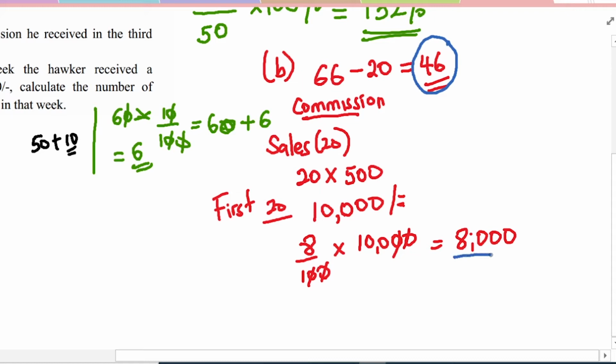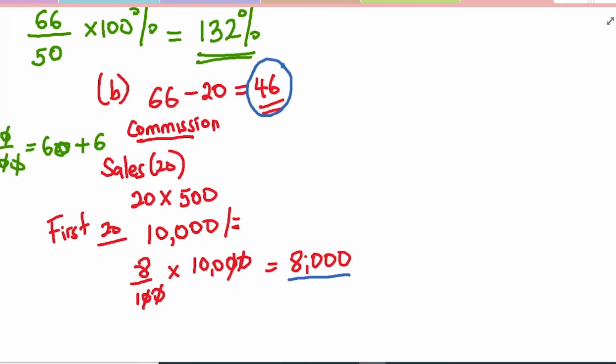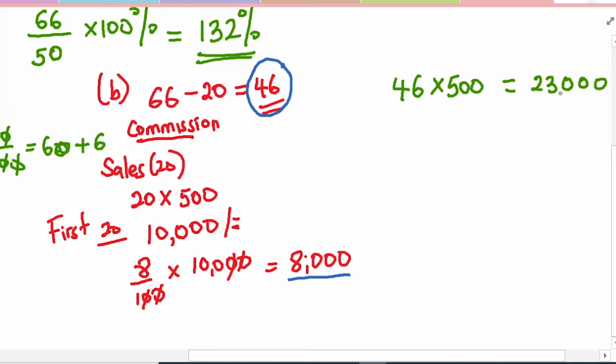This is the commission he gets for the first 20. Then the excess: how much did he sell for excess? It's going to be 46 handkerchiefs times 500 shillings per hanky. 46 times 500 is 23,000. So that is an excess of 23,000.